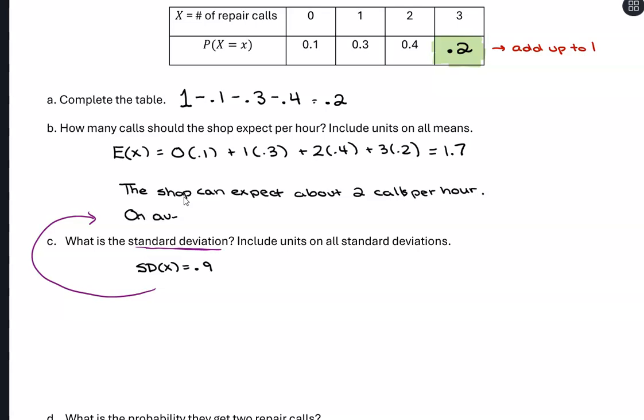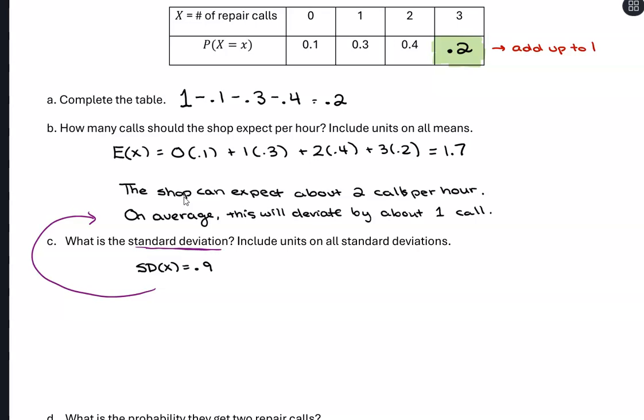On average, this will deviate by about 1 call. So what that really tells me is that we're expecting 1 to 3 calls here. Expected value gives us an idea of where we expect to land, but then standard deviation lets me know about the variability of it, of where it could possibly go.